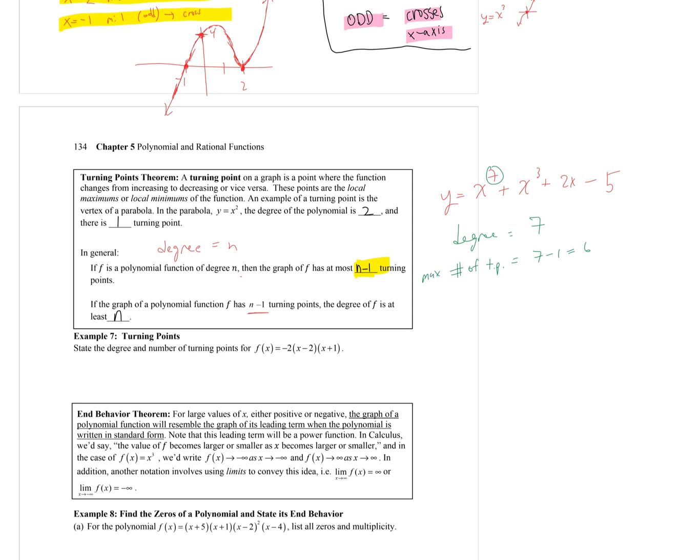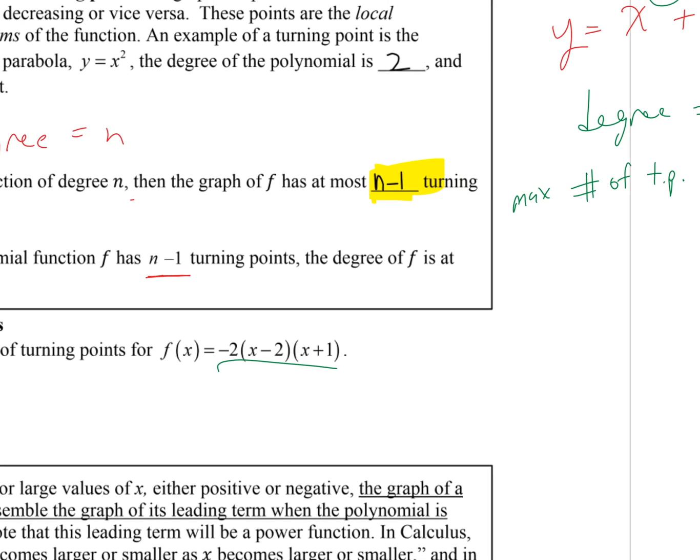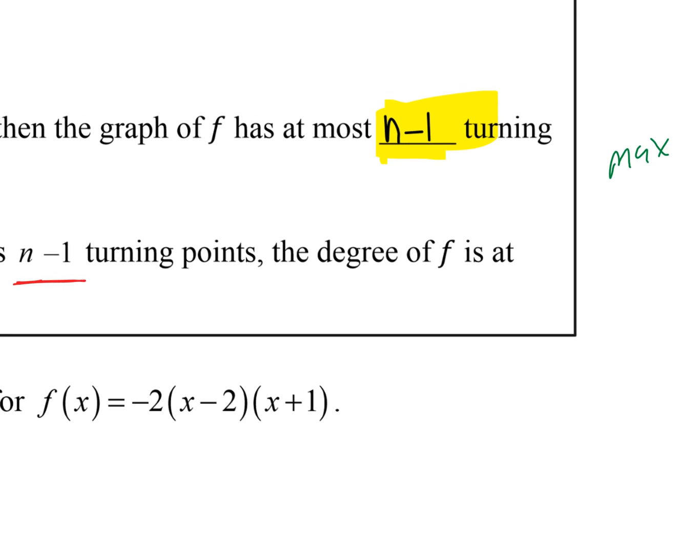What about the example here, for example 7? Well, when it's factored for you, in order for you to figure out the degree, you're going to have to do a little bit extra work. You can't just look for the biggest term because it's not there, right? It's all factored neatly for you. So the way to figure out what the degree of a polynomial is in this format, you got to do something quite simple. You take the power of the variable, you take the power of the factor, right? And then you're going to multiply these two numbers. You're going to go ahead and multiply 1 times 1, which is 1.